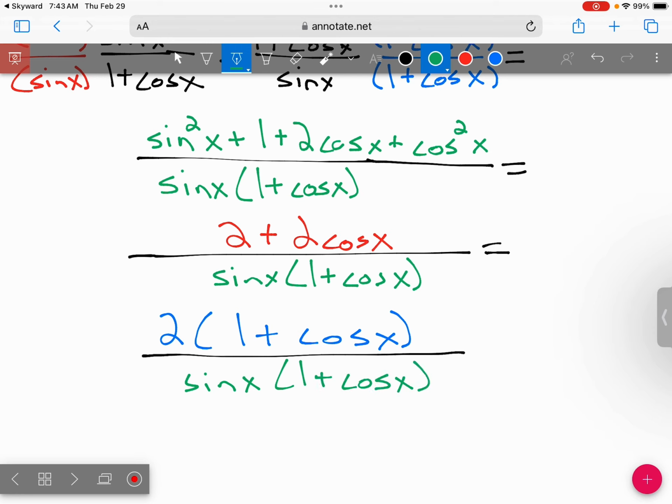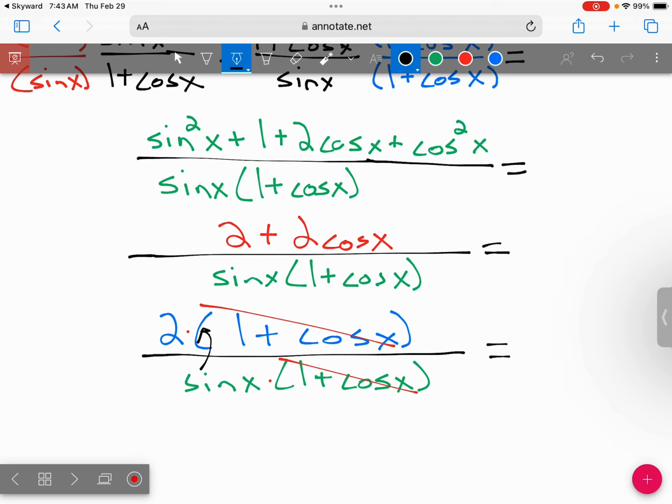Exactly. On the top, we have 2 times 1 plus cosine x. On the bottom, we have sine x times 1 plus cosine x. Because both of these are being multiplied, we can cancel them, even though there's addition inside the parentheses. The fact that they're grouped together by parentheses means they're just all one big ugly term that we can cancel. So now we have 2 over sine x. One of the things about simplifying, I know this is a verify question, is that we need to get our trig out of the basement.